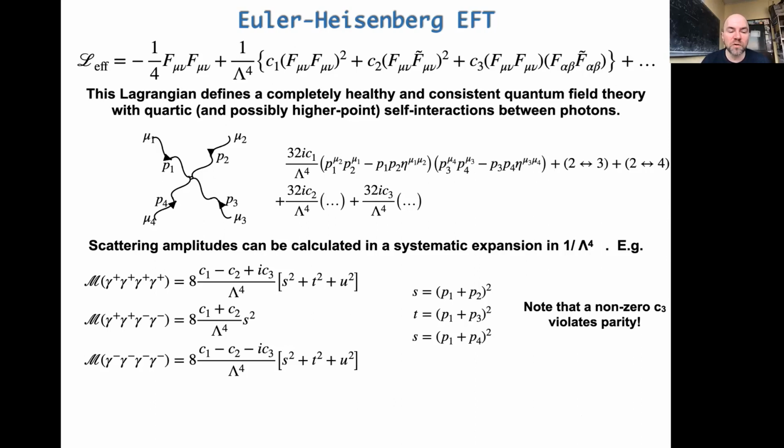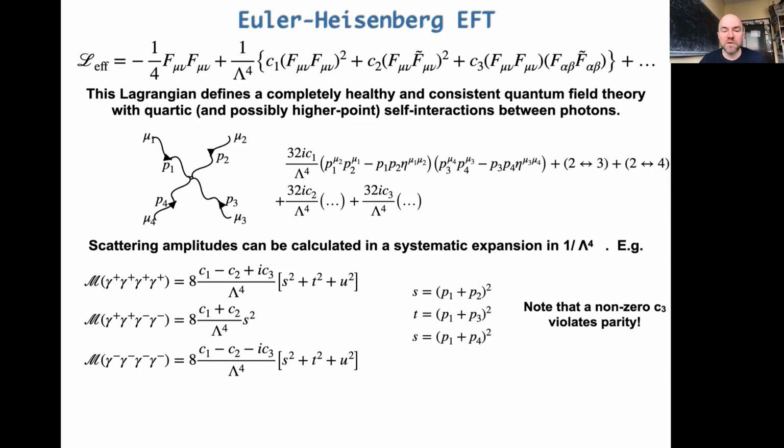So you could try to measure these coefficients C1, C2, and C3 just by looking at the light by light scattering with different polarizations. And as far as I know, this kind of experiment has not been done yet. People are thinking about it, to have sufficiently strong lasers to be able to observe it. But as far as I know, this effect has not been observed in the validity regime of the EFT.